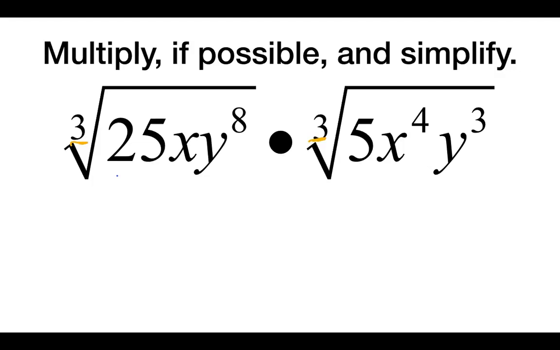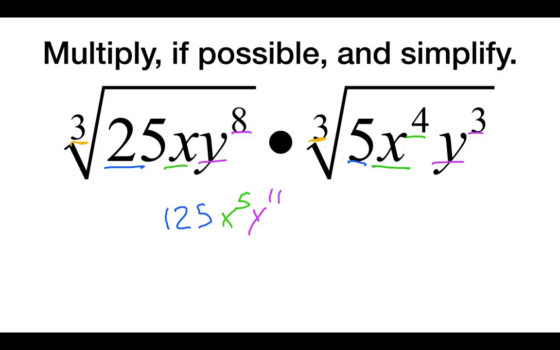So I'm going to start with 25 times 5, and that is 125. X times x to the 4th is going to be x to the 5th, because we just add those exponents together. Then y to the 8th times y cubed is going to be y to the 11th.